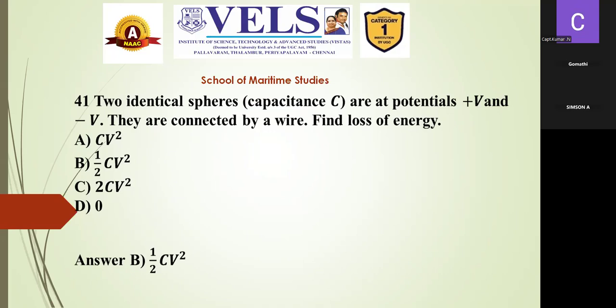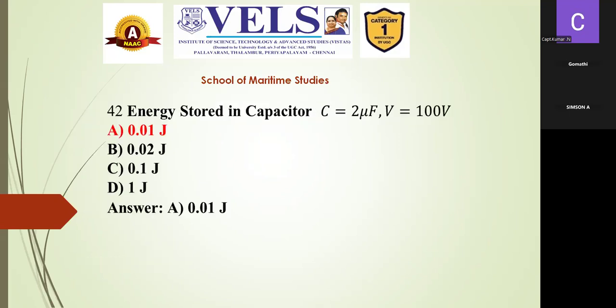Two identical spheres having capacitance C are at potentials plus V and minus V. They are connected by a wire. Find the loss of energy. The formula is E = 1/2 CV², where C represents the capacitance and V represents the voltage.